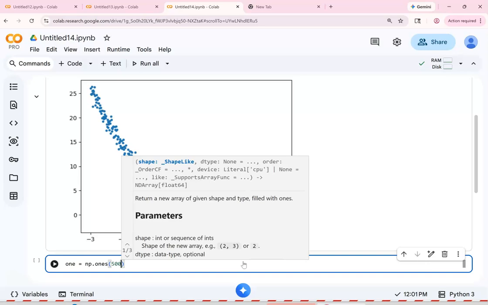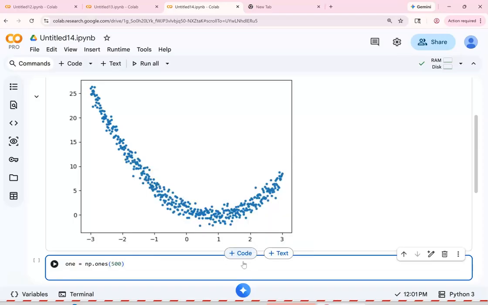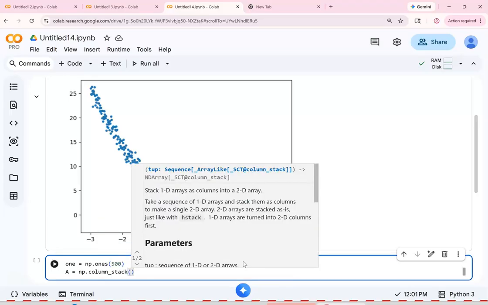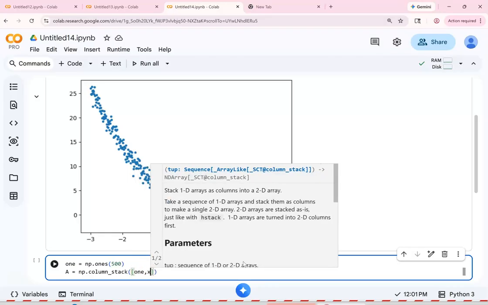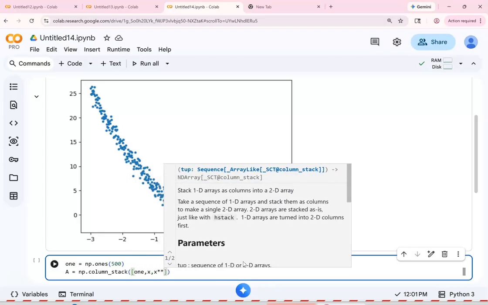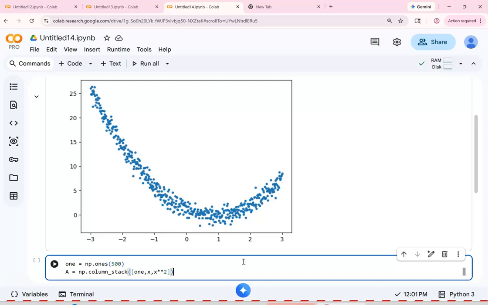Right? Okay. Then to create our matrix A, we can do that column stack command. Column stack takes a list of numpy arrays to create your matrix. So one of them is going to be the ones, one of them will be your x's, and one will be your x squareds.